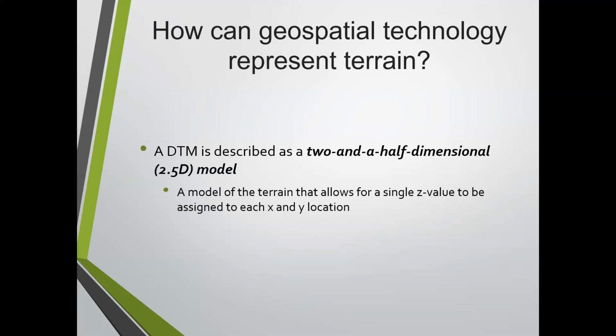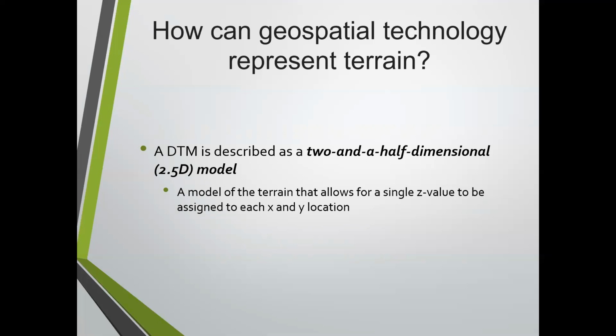There are a couple of different terminologies that are used. A lot of people wouldn't use this term, but we either think of what we call a 2.5 dimensional model or a true 3D model. What they define as a 2.5D model is just a terrain model that allows a single z-value to be assigned for each xy location.